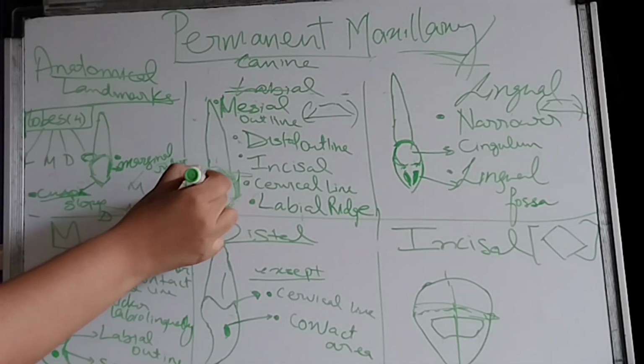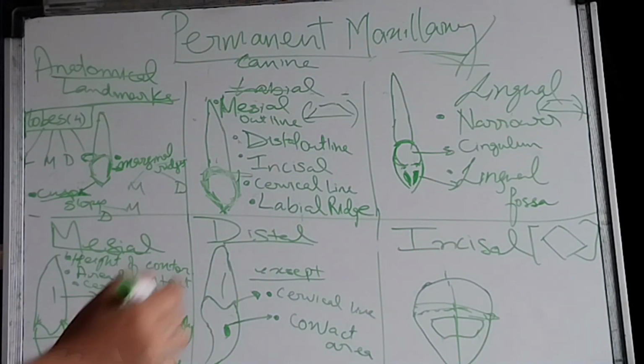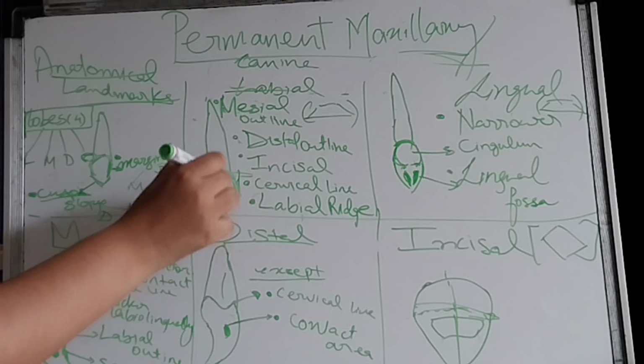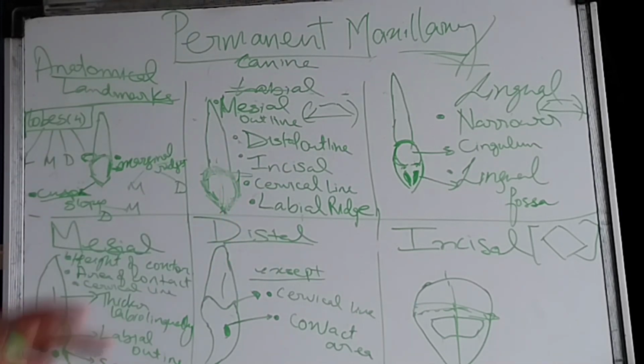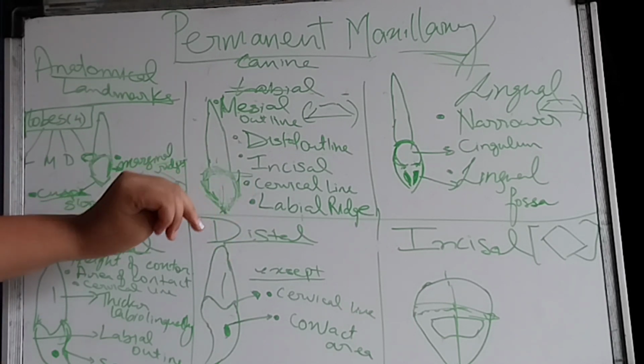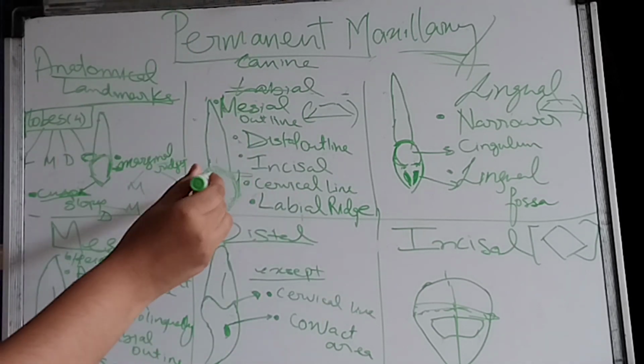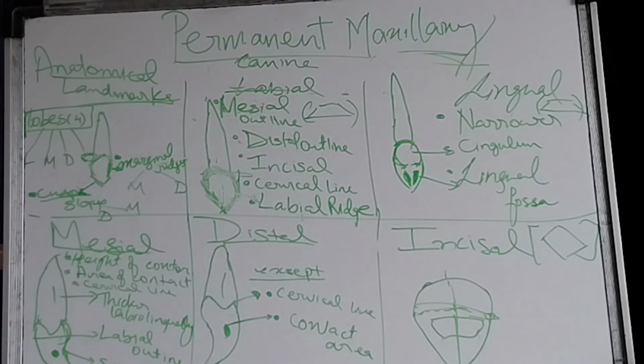It forms a linear elevation from the cervix to the cusp tip, and this linear elevation is nothing but the labial ridge. It's very simple.